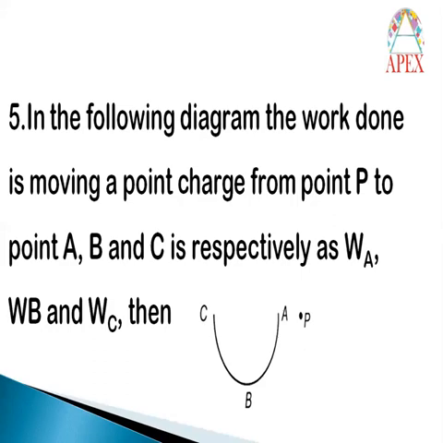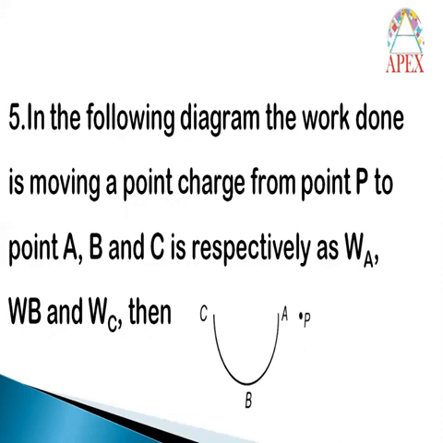Then see the question here, a charge is placed at point P here, and this charge is moved to A in one case, moved to B in another case, and moved to C in the other case. In all the three cases, the work done in the process was given, and they are asking here, what is the relation between the work done in the three processes?